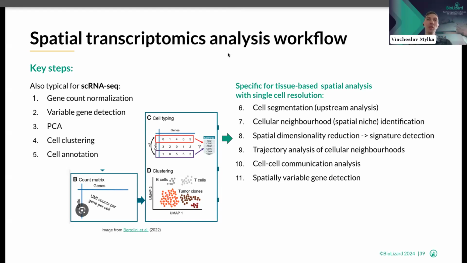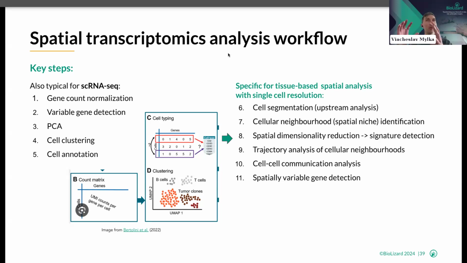A whole webinar can be dedicated to it, but since many commercial technologies provide cell segmentation output, I will not focus on it in the next slides. However, we can of course argue about the reliability and quality of those segmentations, because this is really a challenging step. Other steps are not provided and are usually performed by researchers themselves, so I will be focusing on them.